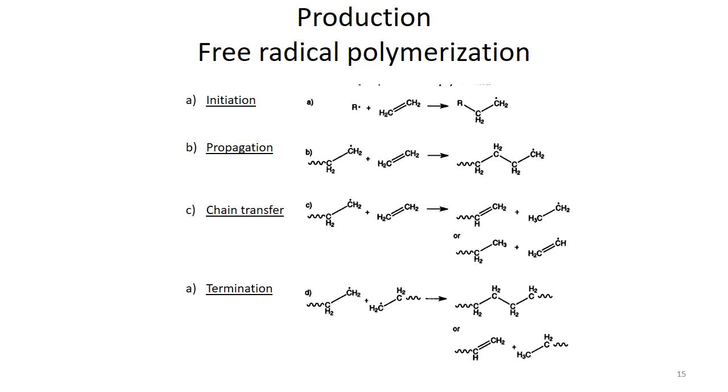We call it the chain transfer reaction. In chain transfer, this free radical can react with another molecule of ethylene and transfer the radical there, and it goes into the neutral form. It could abstract a hydrogen radical from the ethylene, and then we get a CH3 type of end group in this chain.